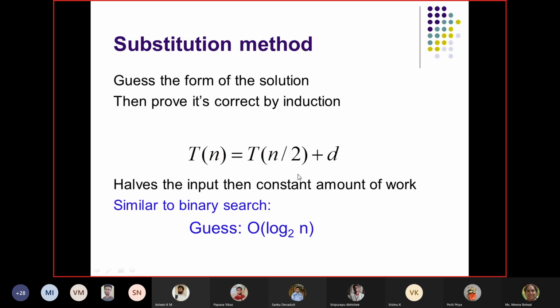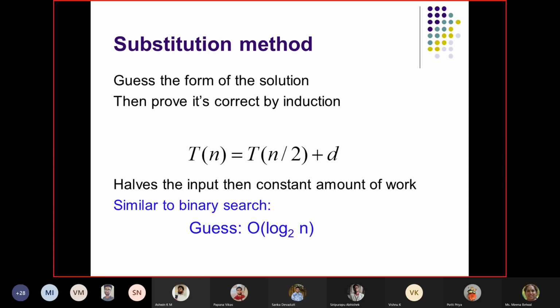Rather than calling it n log n, because it is not plus n here. In merge sort we had 2T(n/2) plus n, but here there is a constant amount of work. Similar to binary search, wherever there is n by 2, n by 2, I am reducing, so we will say it is logarithmic complexity. So my guess is that it can be O(log n). This constant we just leave, we don't consider it.